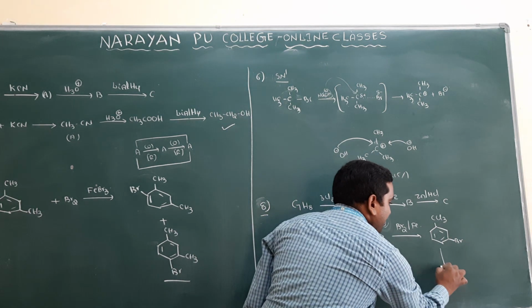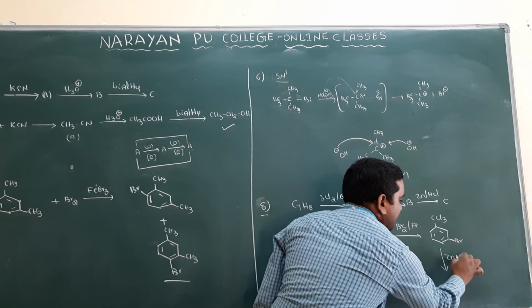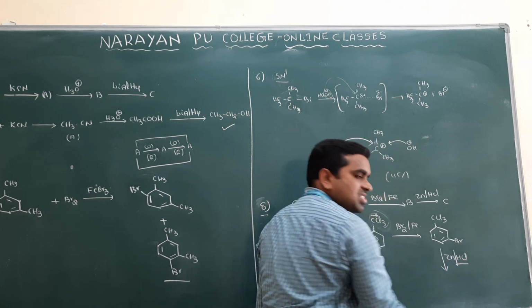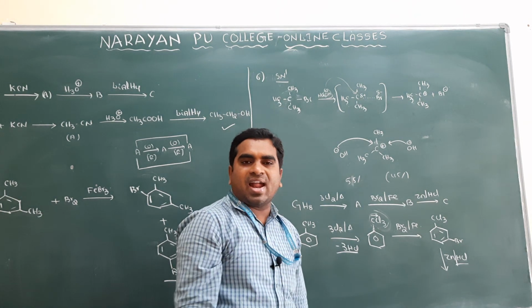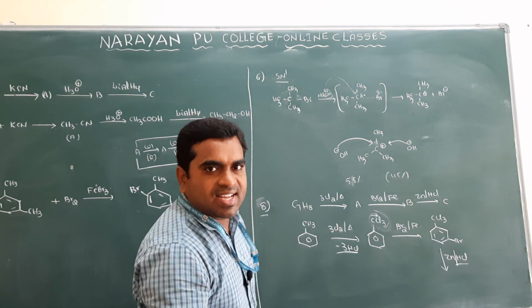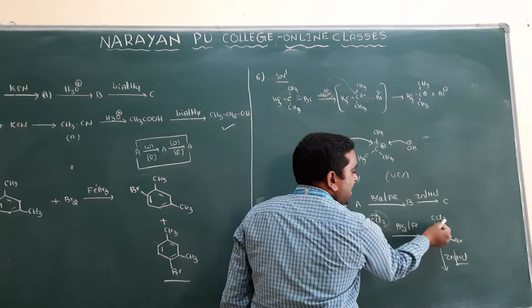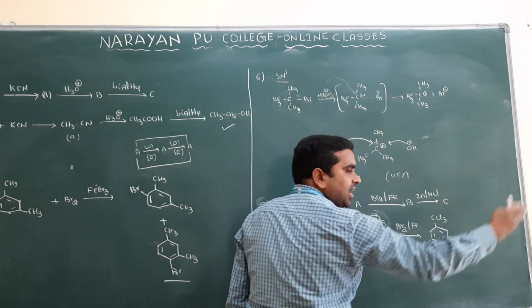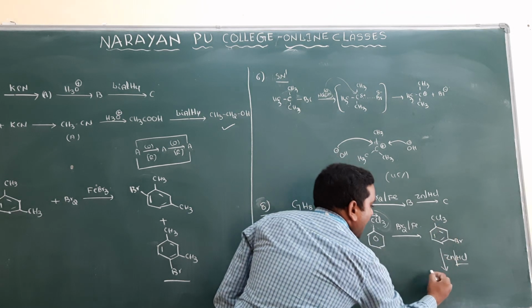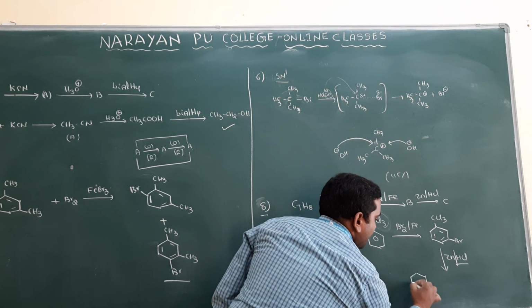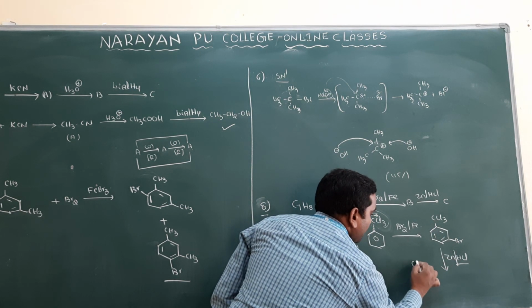And after that, what they have given is zinc and HCl. You know it is a reducing agent. I already mentioned that a metal and any acid will act as a reducing agent. So it provides the hydrogens, and chlorines will be removed as HCl. So hydrogens will be added, and again you will get toluene here. So there will be a CH3.